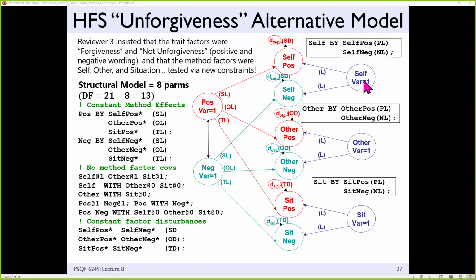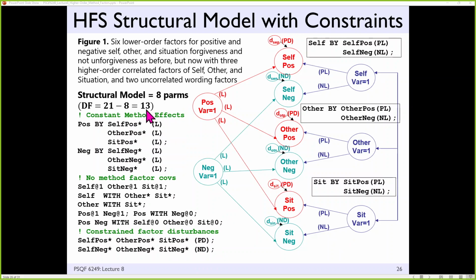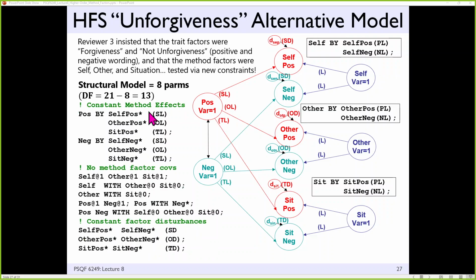It's not a different kind, it's just a way to measure it. And so then I have all the loading constraints on this side to be equal, because if it's just a way to measure it, then it shouldn't matter which way it is. So in terms of degrees of freedom, they're the same. The structural model is over-identified by 13 degrees of freedom either way.